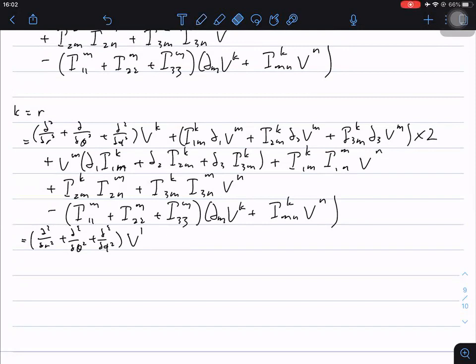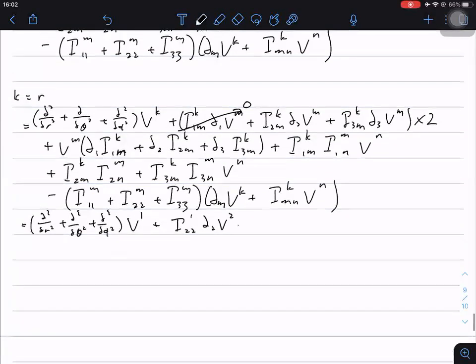So this term is 0. And for gamma 1, 2, we only have two terms here. So we have something like this. And similarly for 1, 3, 3 terms, we only have 1, 3, 3 terms, and 2 here, 2 here.